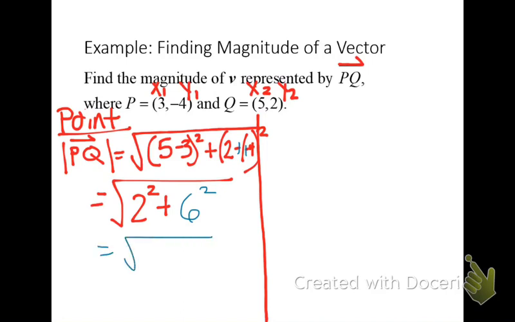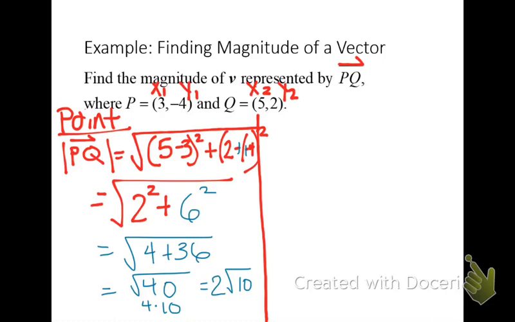So this is going to be the square root of 4 plus 36, which is the square root of 40. Don't forget to simplify your radicals because you will have to do that. And so that's going to be 4 times 10. And that's as much as I can break that one up. So that would be 2 on the square root of 10. Okay. So that's using my point form.